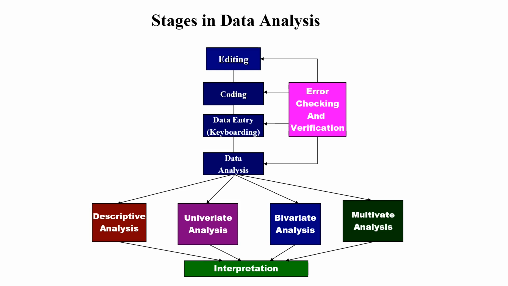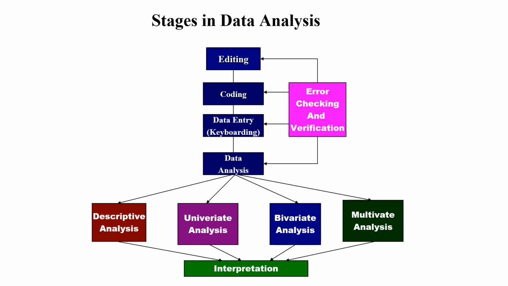After giving codes 1, 2, 3, 4 like that, for easy identification, once coding is over, we will go for data entry. And after data entry, we will go for analysis.